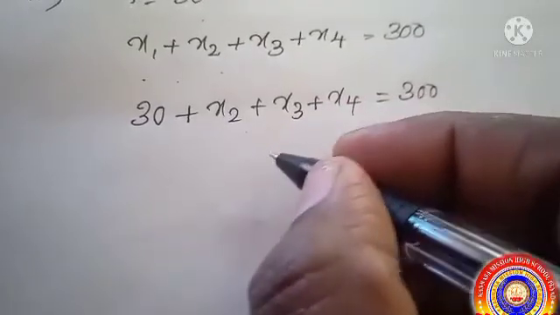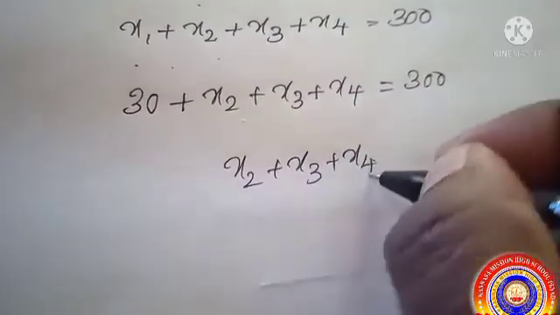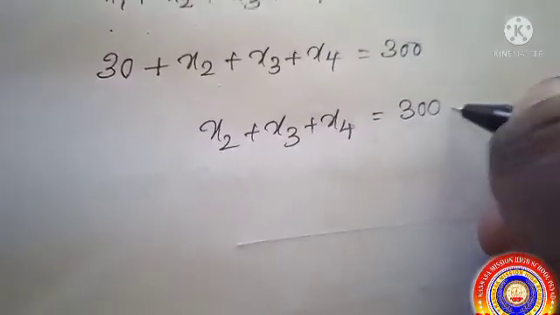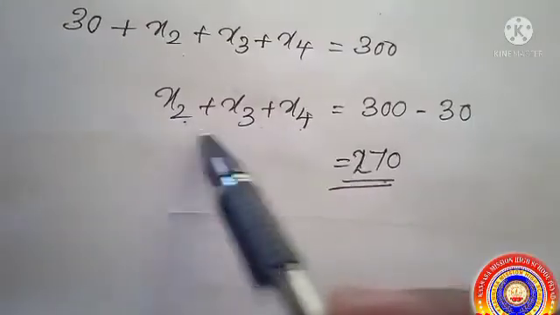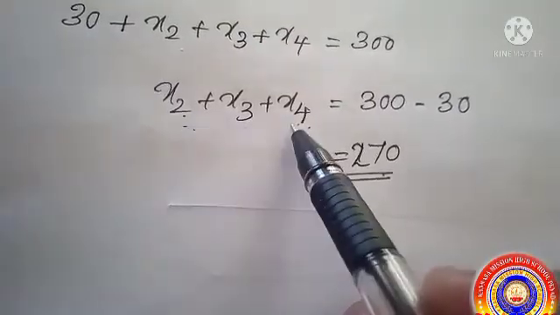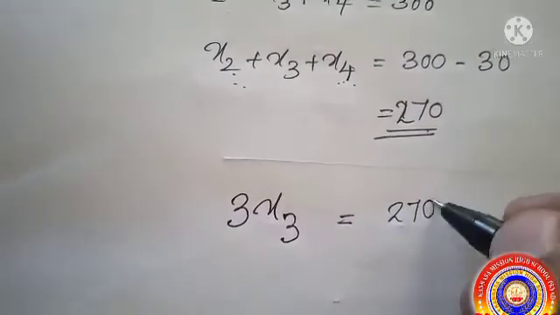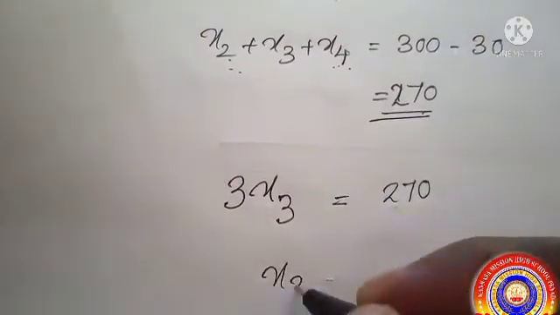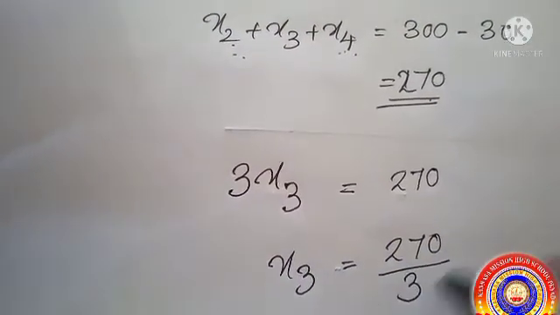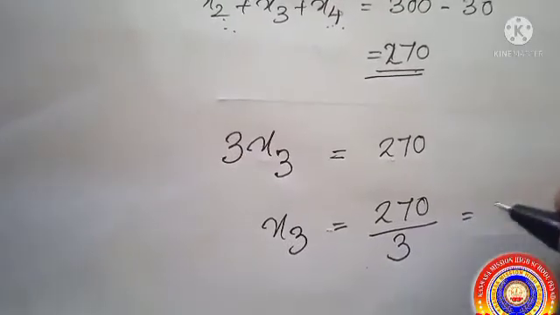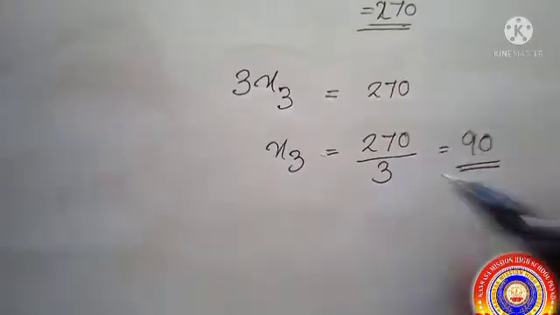From this we can write x2 plus x3 plus x4 equal to 300 minus 30, which is equal to 270. x2 plus x3 plus x4 are 3 consecutive terms of an arithmetic sequence and it is equal to 3 times the middle term. That means 3x3 equal to 270, x3 equal to 270 by 3, which is equal to 90.